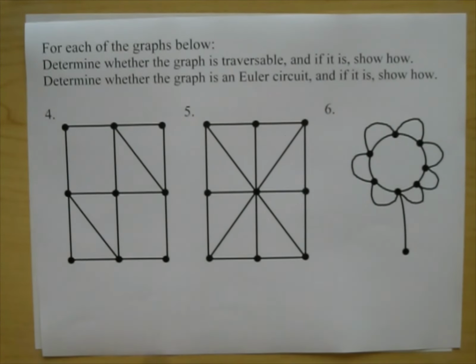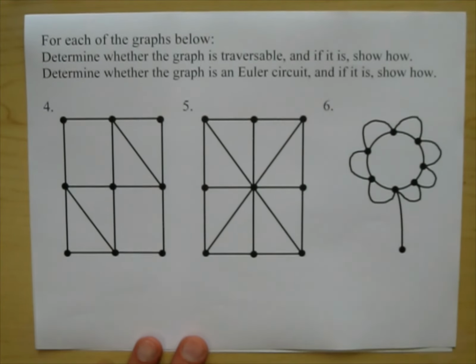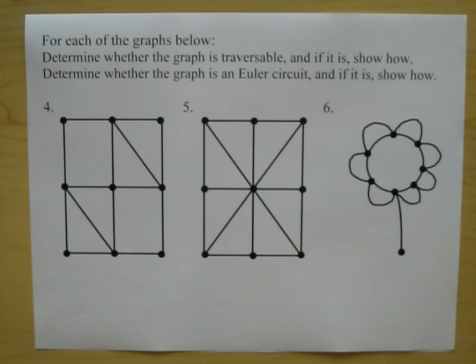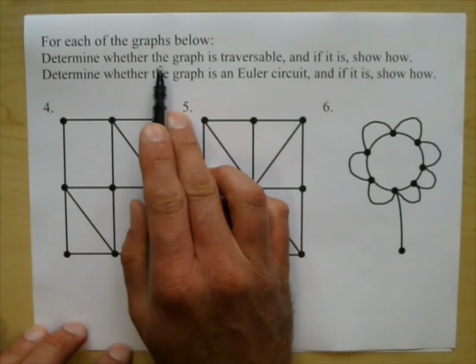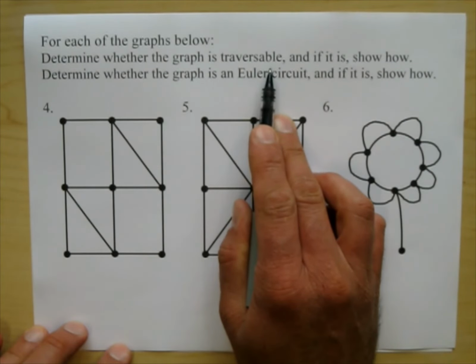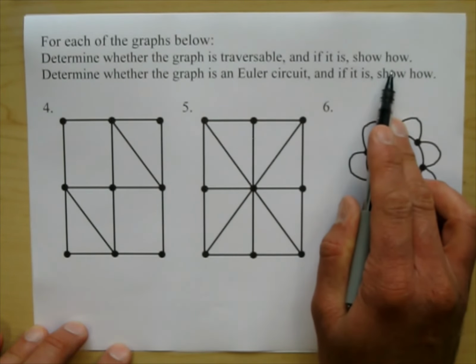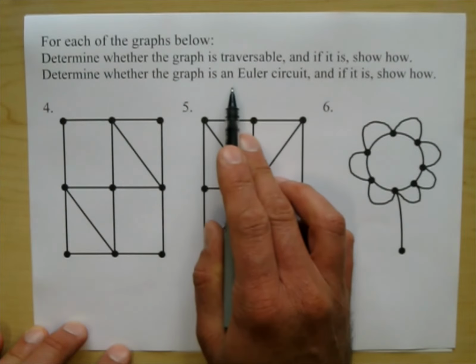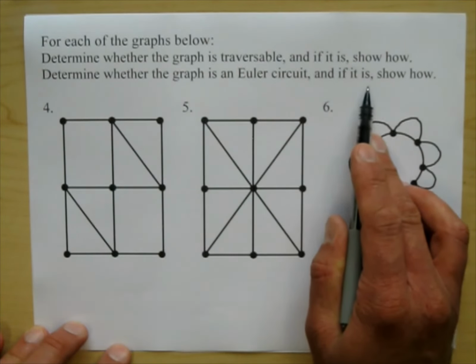Here's what you do in your homework. For each of the graphs below, you answer these questions. Determine whether the graph is traversable, and if it is, show how. Determine whether the graph is an Euler circuit, and if it is, show how.